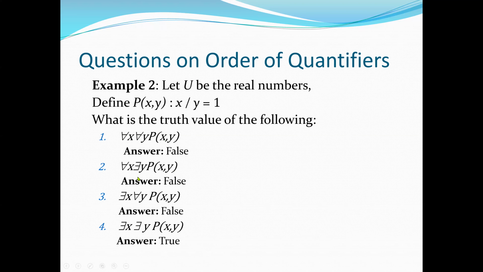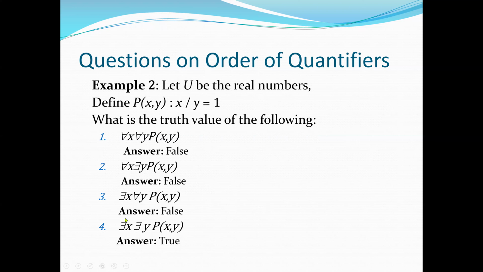All value of x, some value of y. So I can pick any value of x and I divide with any value of y. I will not get true because I can pick 20 and y can be 1. 20 divided by 1 is 20. It can be 10, 2.